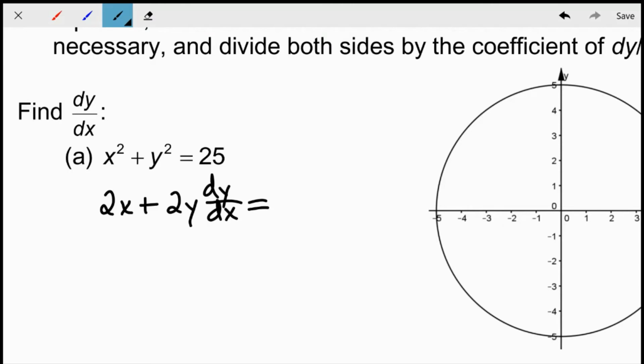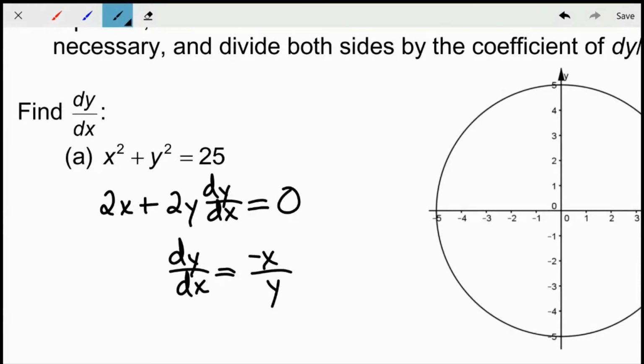And this is the step that people tend to forget on this. The derivative of 25, when I take the derivative with respect to x, is just going to be 0. So in the end, when I isolate my dy dx, I'm going to end up with dy dx is equal to negative x over y.